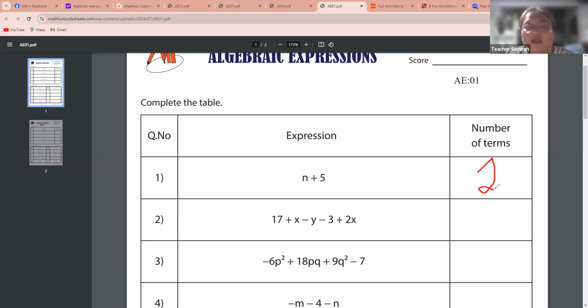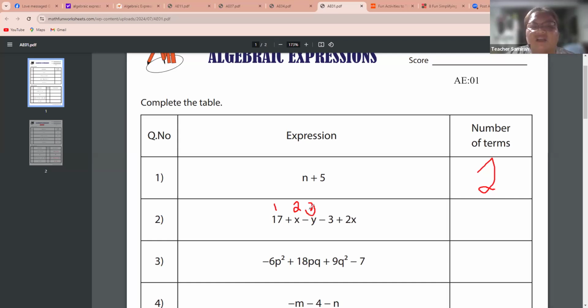How about the second one: 17 plus x minus y minus 3 plus 2x. How many terms is that? Shitya answered 4. Let us try to count. 17 is 1. X is 2. Y is 3.